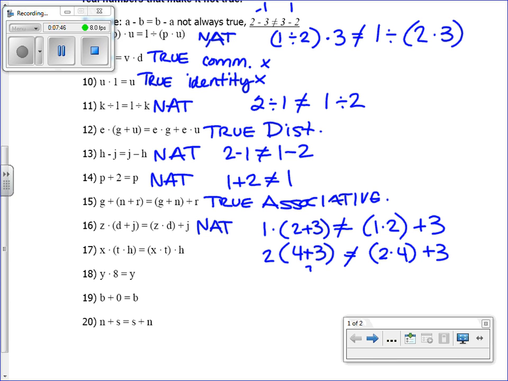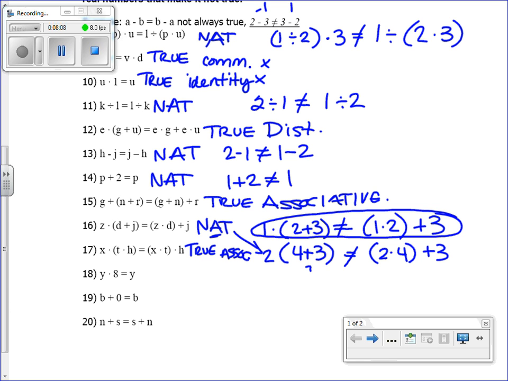That wouldn't work. It might be true in some cases, but it's not always true because of this rule. All right, here we have it's true, and that's our associative property.